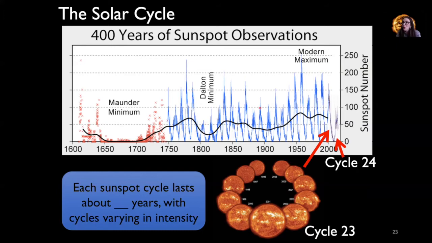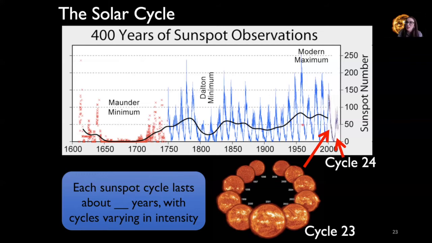And so the time period between consecutive minima in the solar sunspot number, or consecutive maxima, is about 11 years. So 11 years between, on average, seeing no sunspots at all to the magnetic field increasing, and then back again when we see almost no sunspots again.